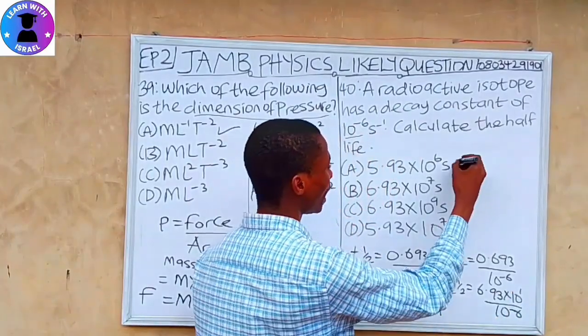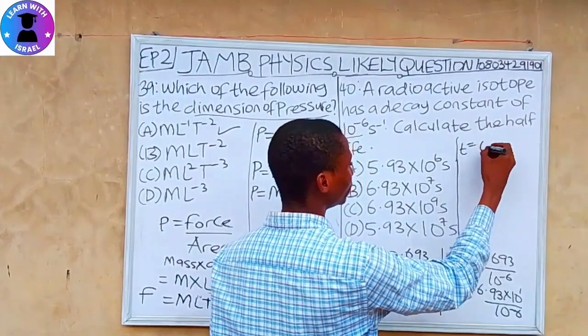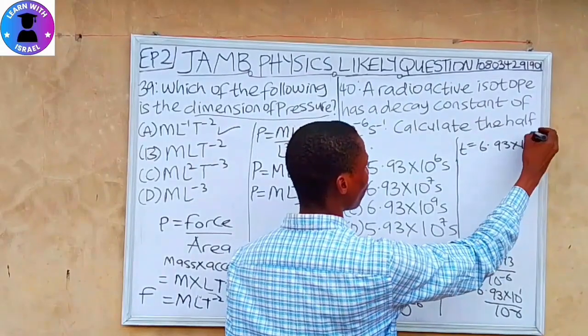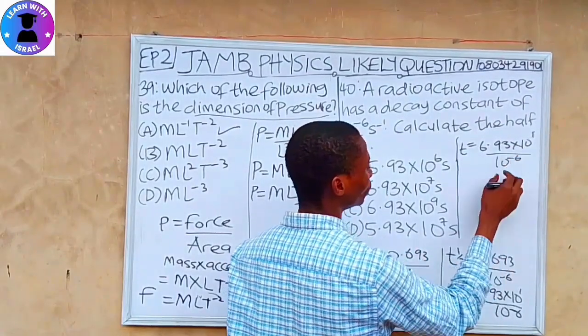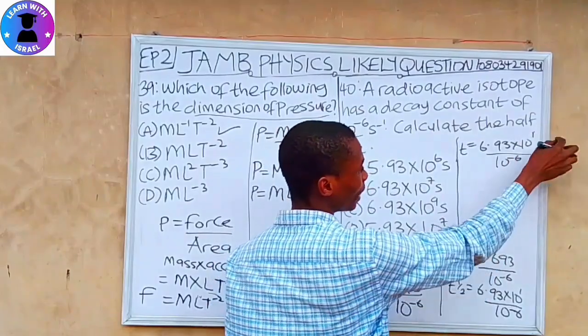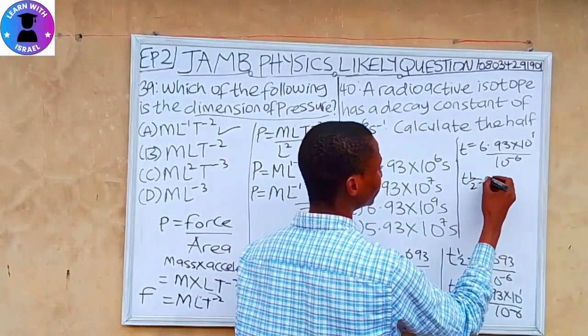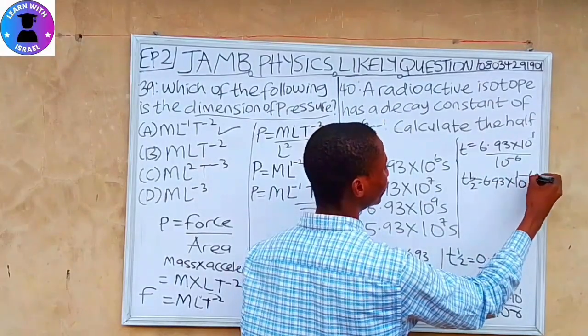So guys, let's bring it here. We now have T half equals 6.93 multiplied by 10 raised to the power 1 over 10 raised to the power minus 6. Let's bring minus 6 here. So we are now left with T half equals 6.93 multiplied by 10 raised to the power 1 minus 6.